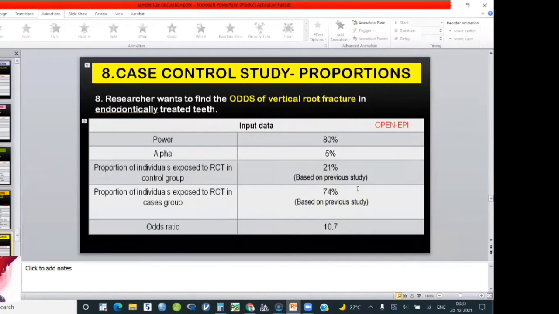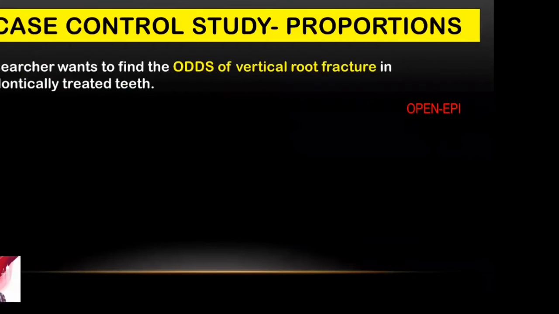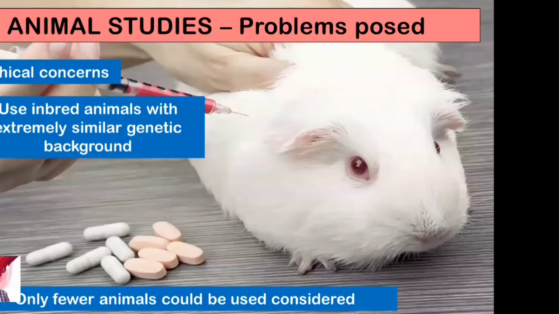And the next example is animal studies. The sample size calculation for an animal study is something similar to our clinical study only, but we have to consider two things. One is ethical concern.